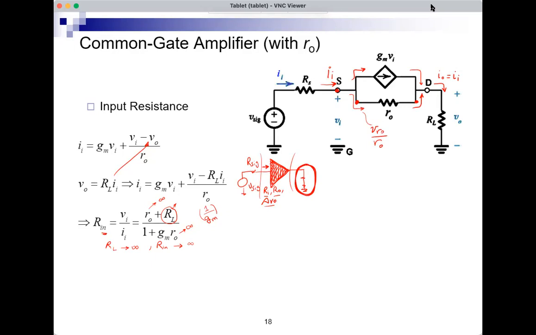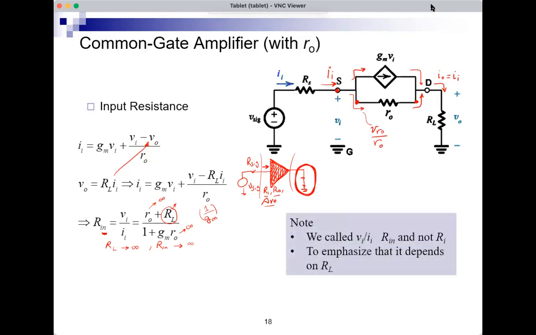So that's why we add the letter N, just to remind ourselves that this RIN, in this case, also depends on RL and not just on the amplifier that I'm using. So if I change the load, the input resistance changes. So we emphasize this fact that the input resistance for this amplifier depends on RL.